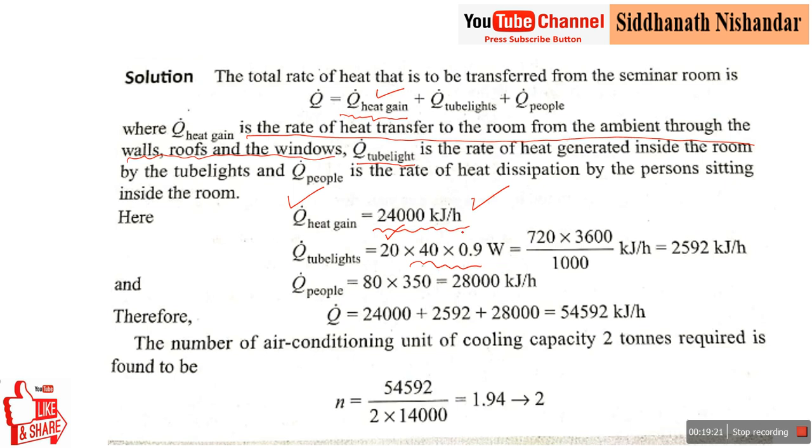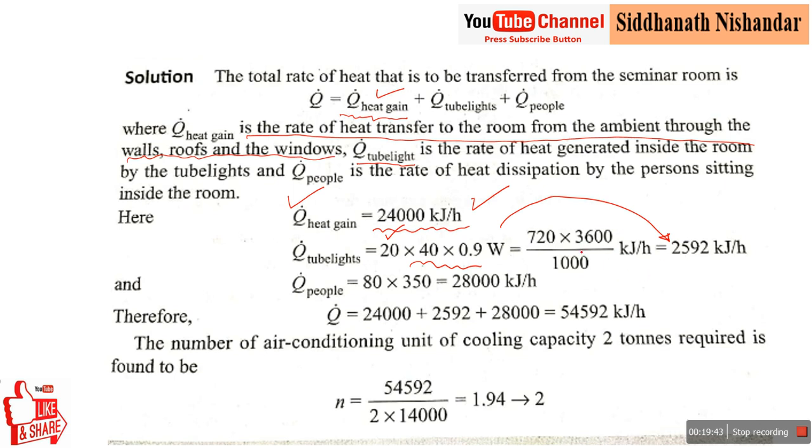So we need to convert watt into kilojoule per hour. How? Just multiply by 3.6, as shown in the first slide, the relation for watt to kilojoule per hour is multiplication by 3.6.